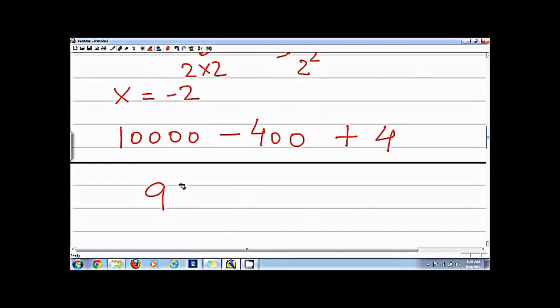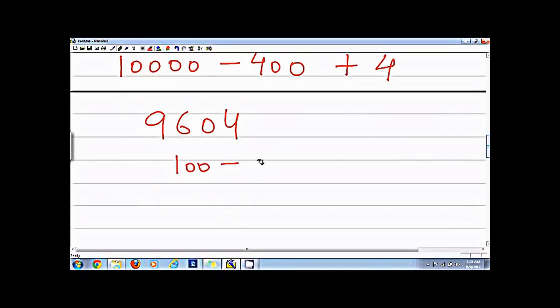So again in here I have subtracted 100 minus 2 into 2, so that will be equal to 96, and then 2 square is equal to 4, so that will be 9604. So this is how the trick works.